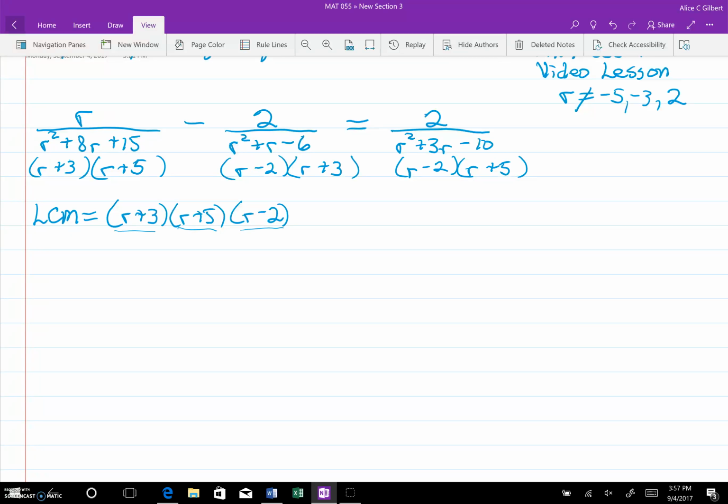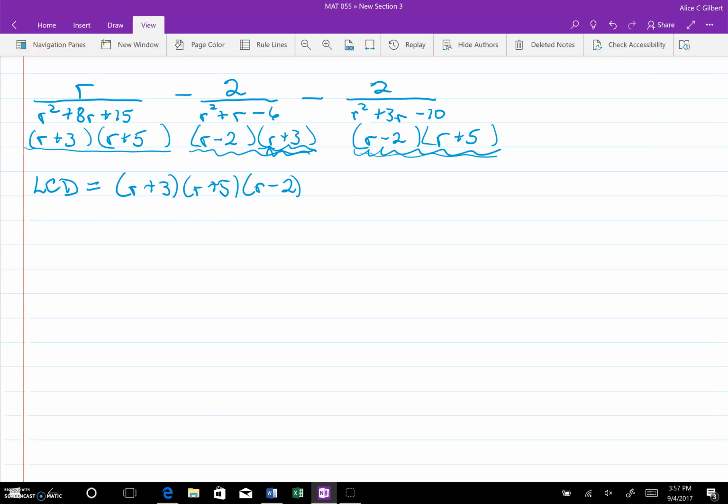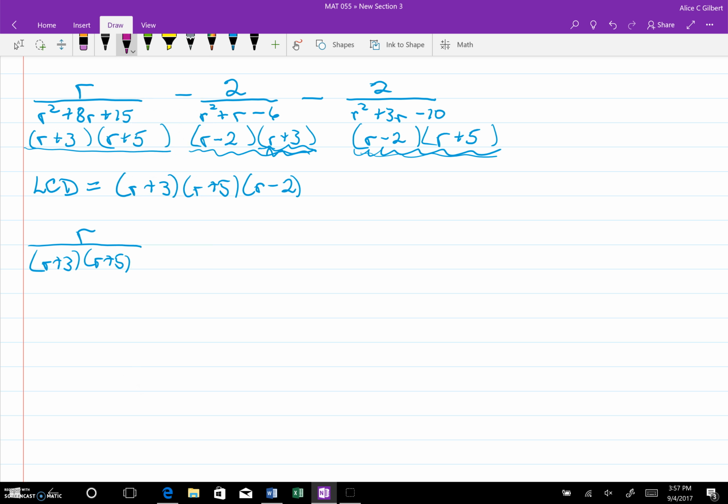Okay, now let's go back to our expression. So our next step here is to write down our first one exactly like it is. But now I have to look at this and say, what do I need to multiply with these two in the denominator to get everything that's in my LCD? Well, that would be r minus 2.